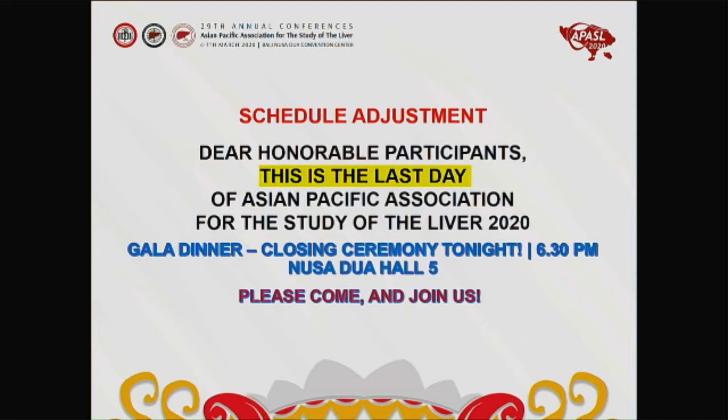The dose dependent is maybe easier than the idiosyncratic, because for idiosyncratic sometimes we don't know the mechanism, and what other factor can be the predilection factor for the patient to become the DILI. And first, of course, stop the drug that we predict to be the cause of the DILI.